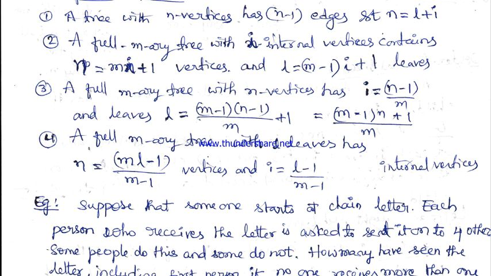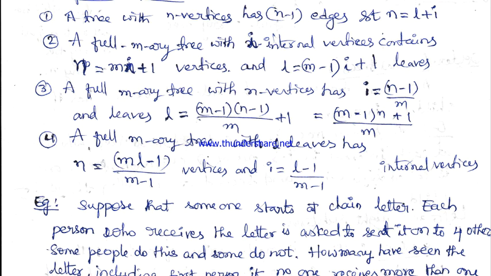Suppose an m-ary tree has L leaves, then the number of its vertices n equals (mL minus 1)/(m minus 1) and the number of internal vertices equals (L minus 1)/(m minus 1).